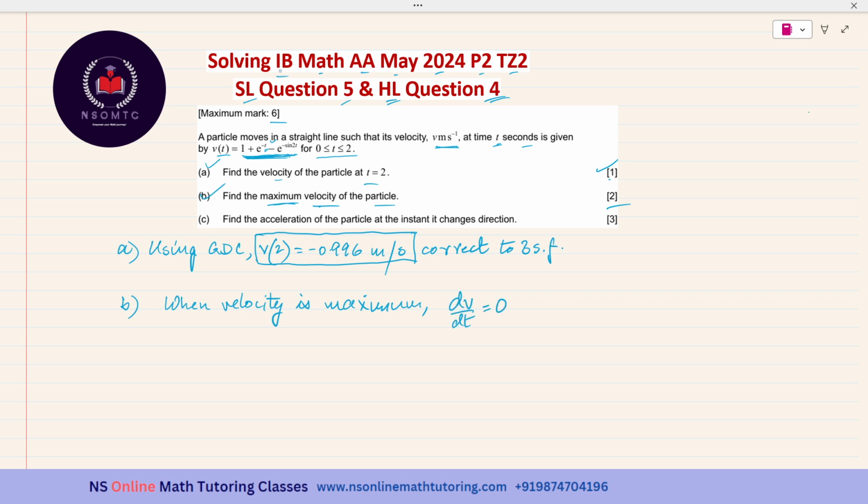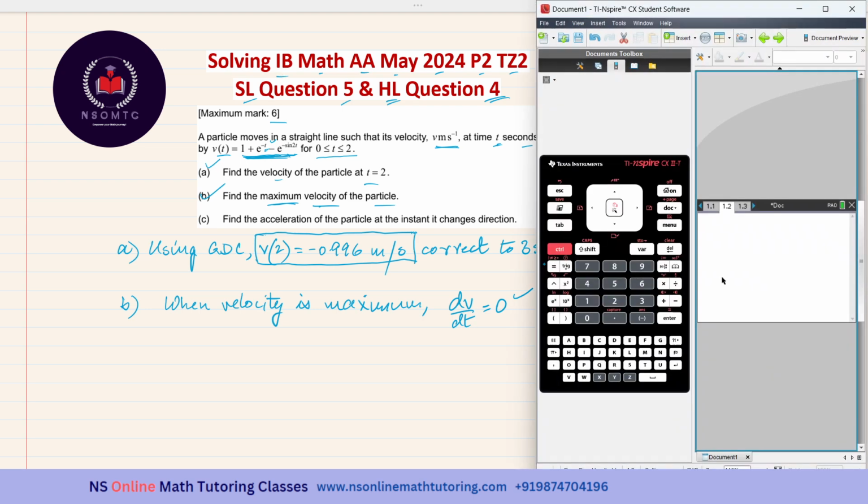And now I will be solving this equation and finding the time when dv by dt equal to 0. And then since I have saved this v of t expression, I will be finding the velocity value at this time. So I come to the calculator, and because I'll be solving this equation, I'll be using the nsolve.